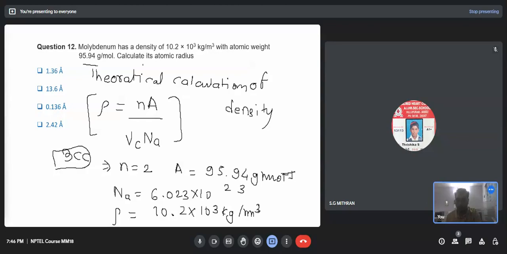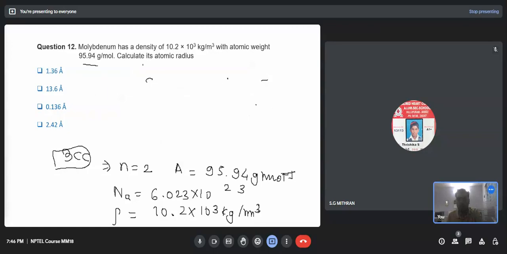Now I'll modify this formula. Volume we know is the length cube, A cube.